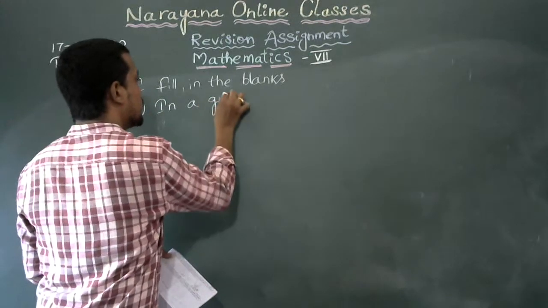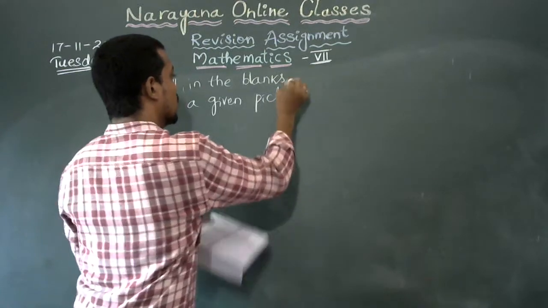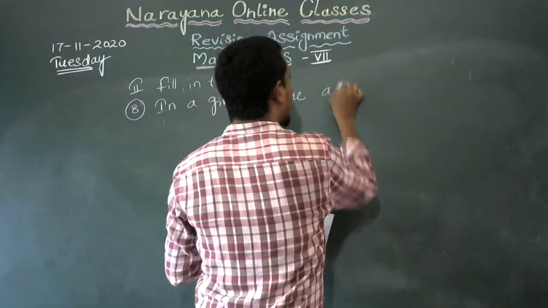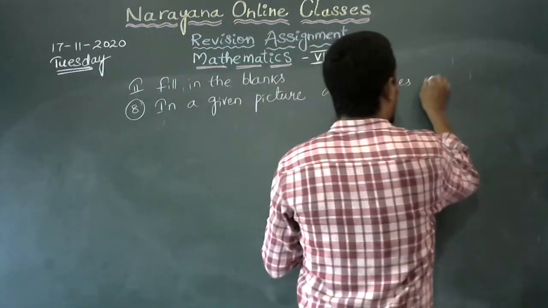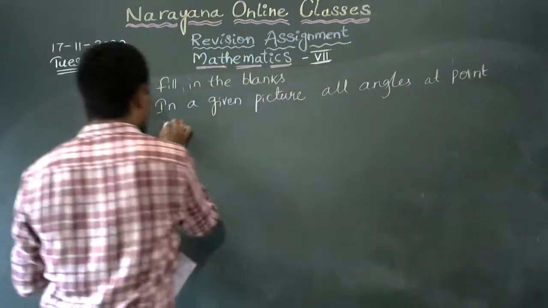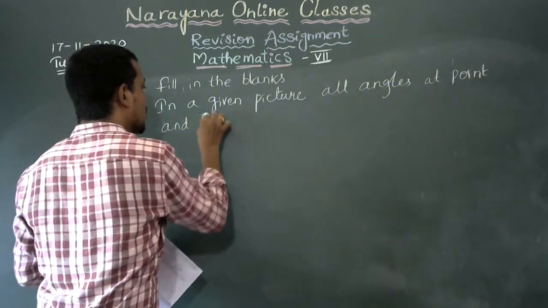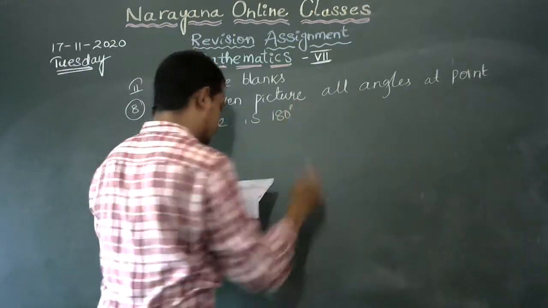In a given picture, all angles at a point on a line is 180 degrees.